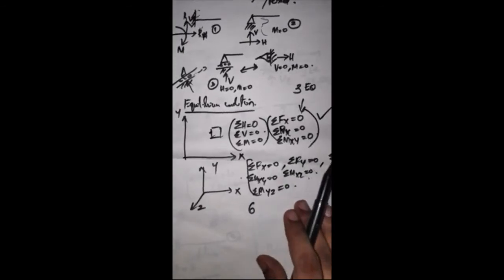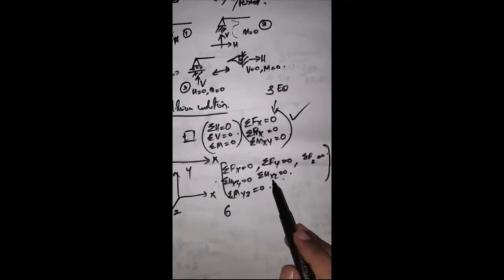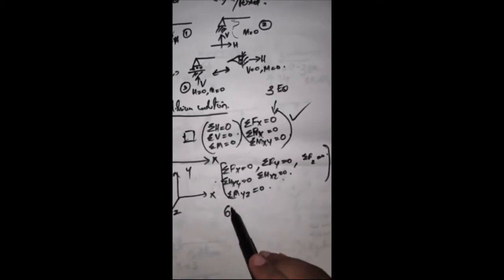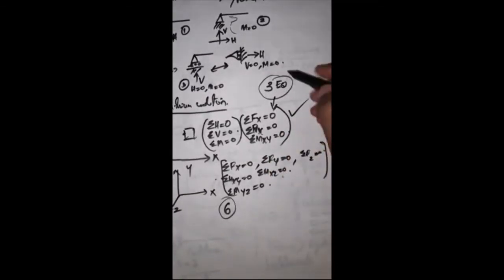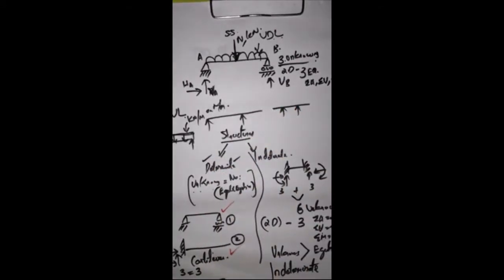In the case of a 3-dimensional figure, there will be 6 equations: Fx, Fy, and Fz should be 0, and Mxy, Mxz, and Myz will be 0. Here there are only 3 equations, so we will be dealing with 3 equations only.